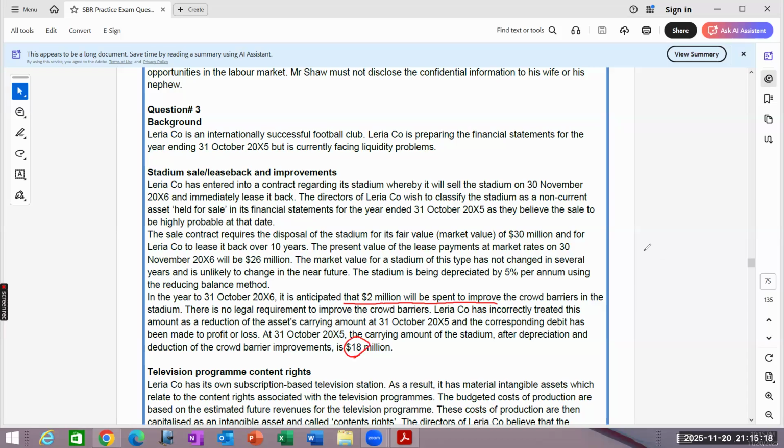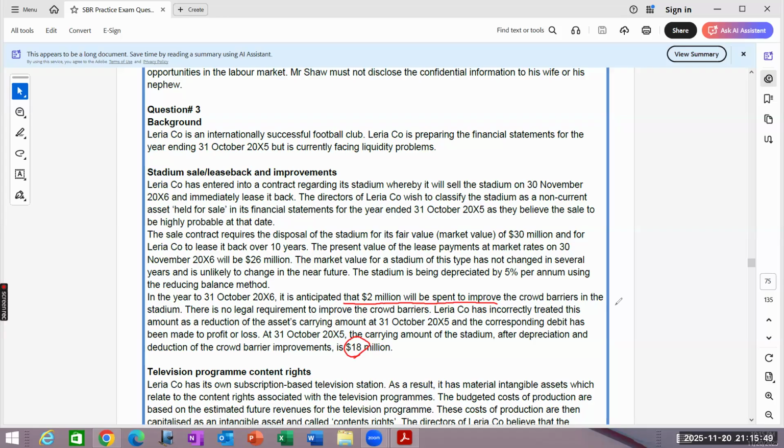Now, dear student, it was a future operating cost which may be incurred in the coming year, but it's not a compulsory cost. It's not an obligation on the company to incur this expenditure. But they have treated it as an impairment, recognizing the future repair expense as an impairment on the carrying value of the asset, and it is totally wrong. It should not be treated as an impairment.